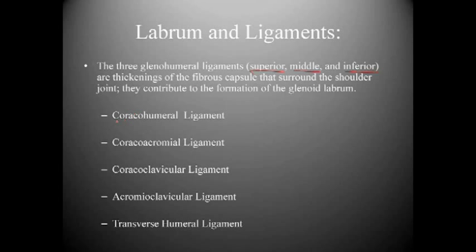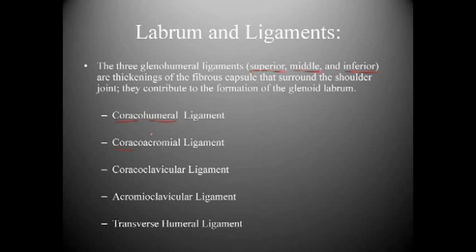Here we have additional ligaments, such as the coracohumeral ligament, coracoacromial ligament, coracoclavicular ligament, acromioclavicular ligament, transverse humeral ligament. And so basically, as you can see, coraco referring to the coracoid process, and humeral referring to the humerus.